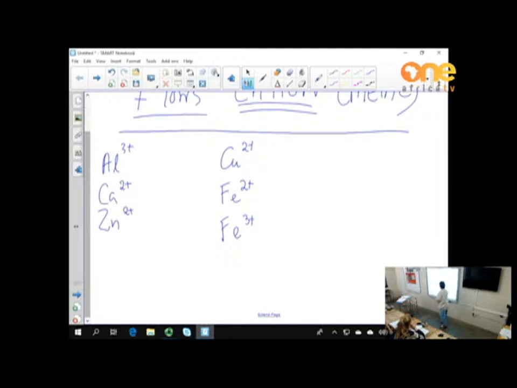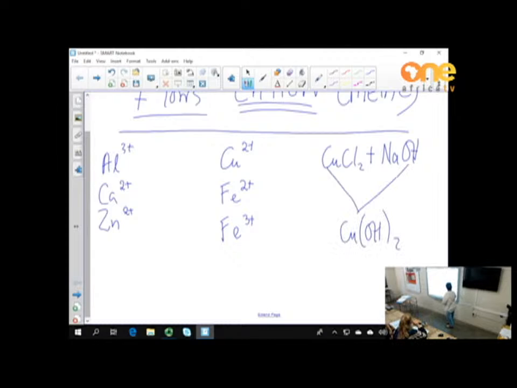For example, if I have copper chloride in solution, I can add sodium hydroxide. These are 2 soluble salts, and I will get copper hydroxide, which is insoluble. Do you understand?